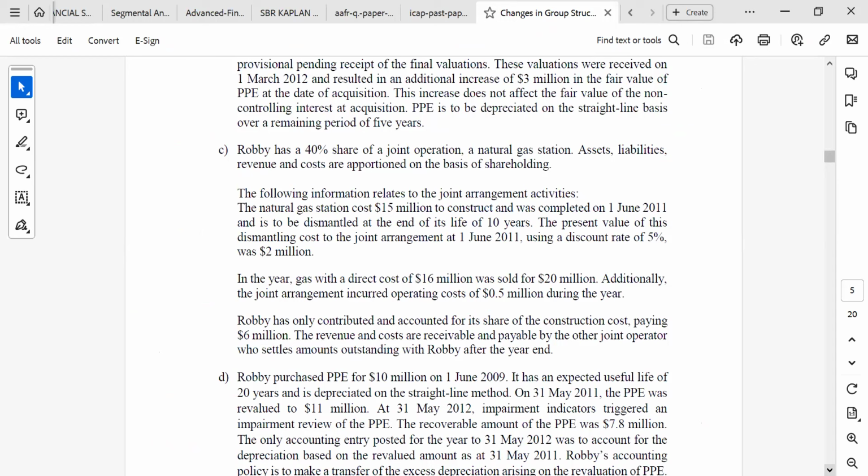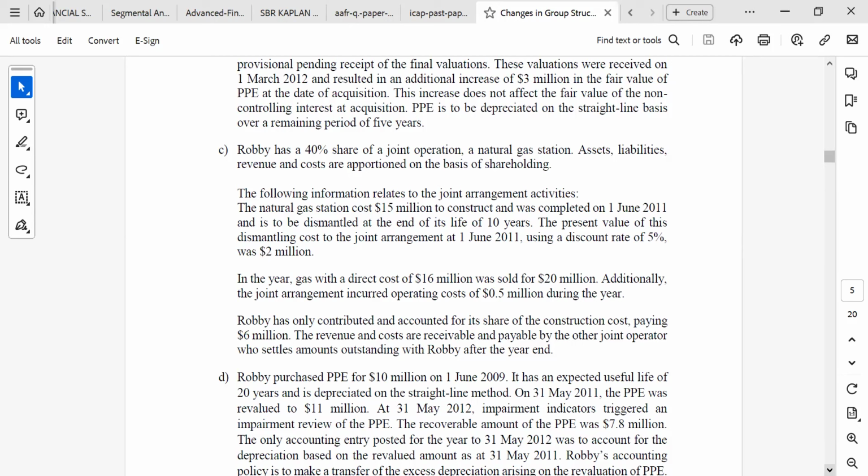C, what is going to happen under the C there? Can someone take the C for us? Robbie has a 40% share of a joint operation, a natural gas station.